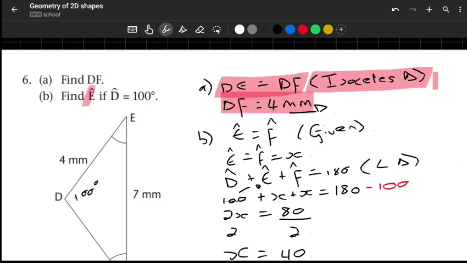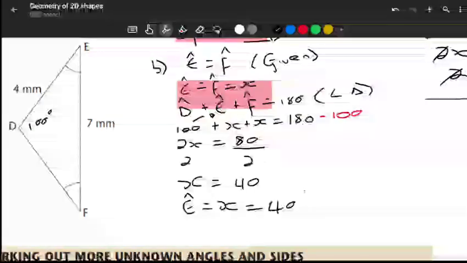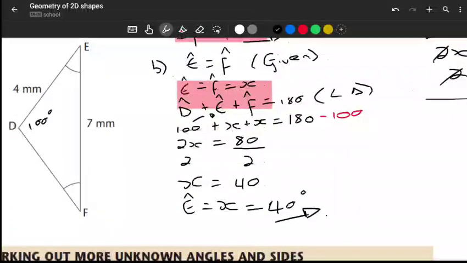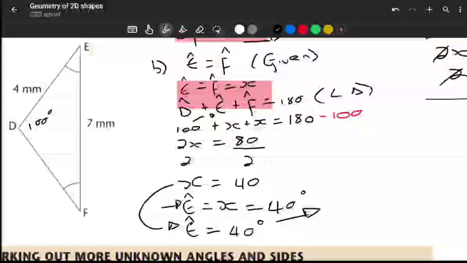Find E. So remember, go back here. We said that E equals F equals X. So that means that angle E is equal to X is equal to 40 degrees. And that's your answer. Or you could just leave it as E equals 40 degrees. Right? You don't need to write this step. You can just skip it and then go there.